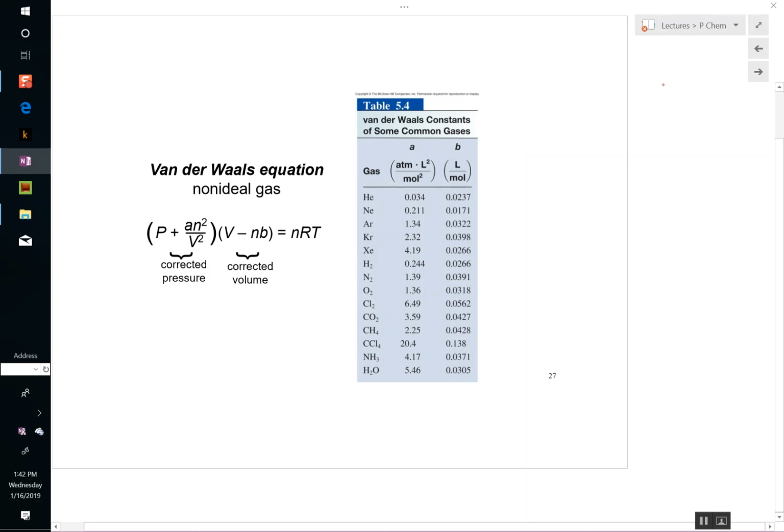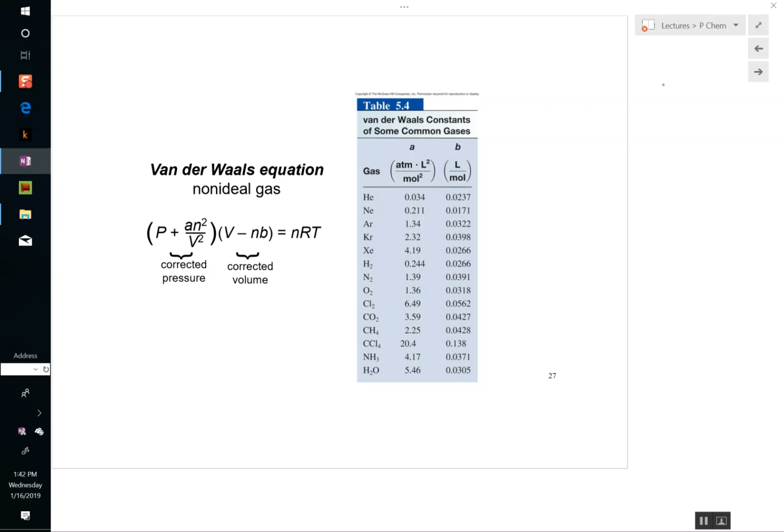We'll just introduce that equation. The van der Waals equation: you can basically see PV equals nRT, but the ideal gas law is being corrected for attractive and repulsive characteristics of these various gases.